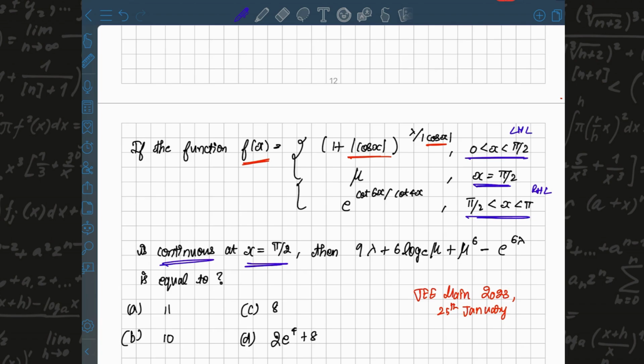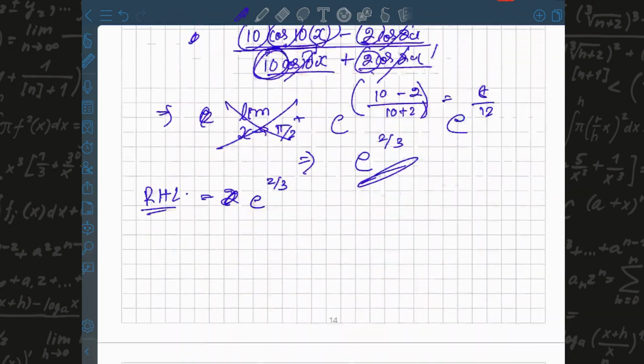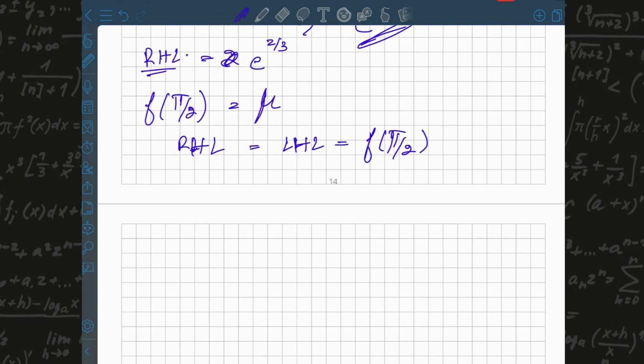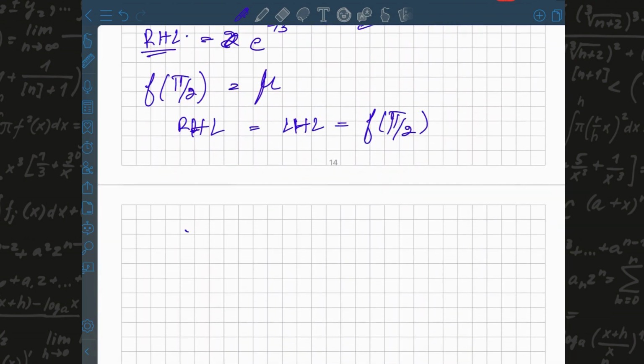So here, what is remaining? Our f of pi by 2 is remaining, which is nothing but mu, right? So f of pi by 2 is mu, and we know RHL equals LHL equals f of pi by 2. RHL is e power 2 by 3, equals, what is LHL?